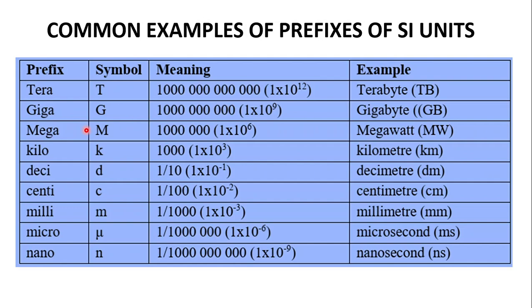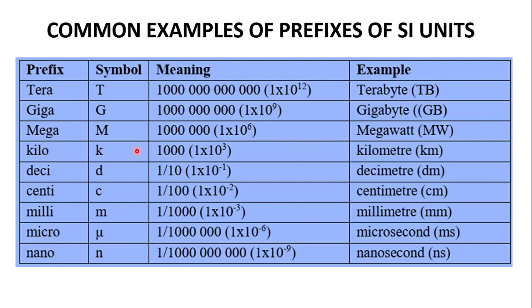While a mega, each time we hear mega, it means it's a million of something. So 1 times 10 to the power 6, as in a megawatt of electricity, means 1 million watts, written in short as MW.